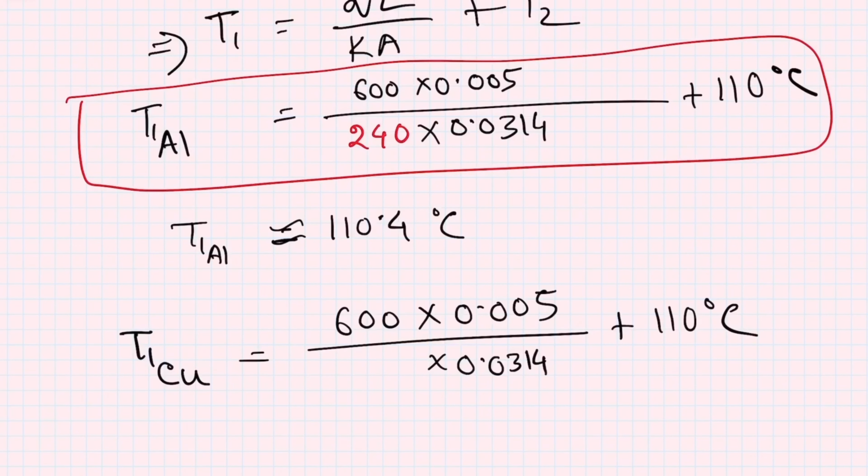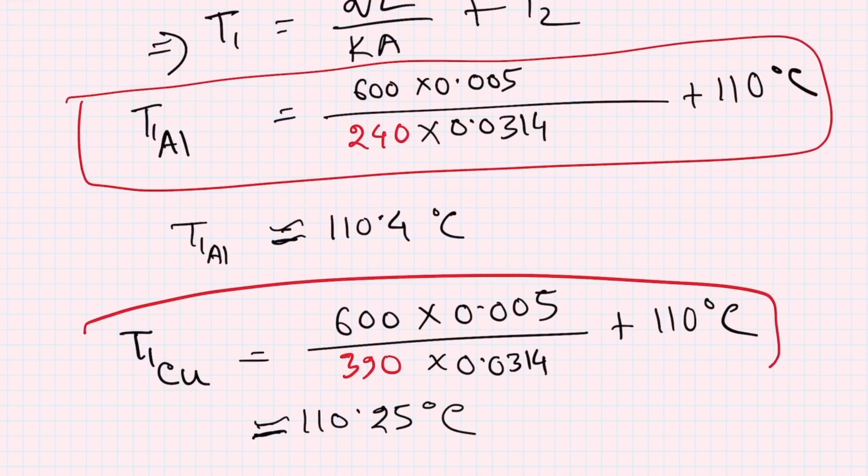I have written the equation for T1 again, but this time I'm using K equal to 390 instead of 240, because I'm calculating T1 for copper, using the subscript Cu, the chemical symbol for copper. Using a calculator we find this value to be 110.25 degrees Celsius. It's again an approximated value because I'm rounding up. So let's box this equation that is for copper. So these are the two values.